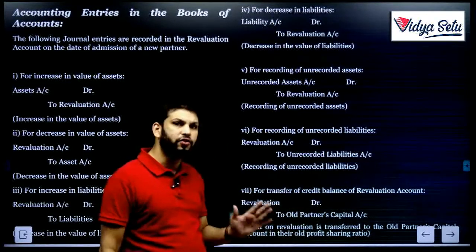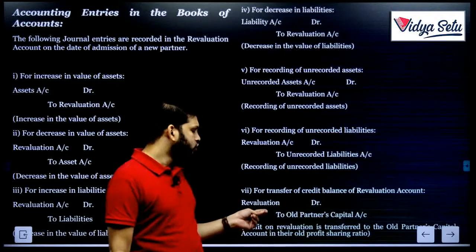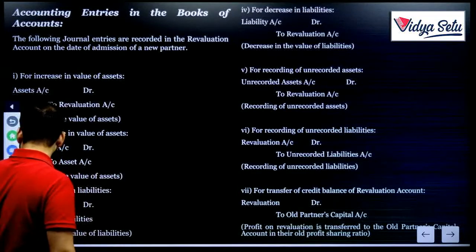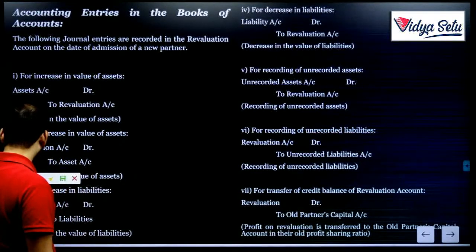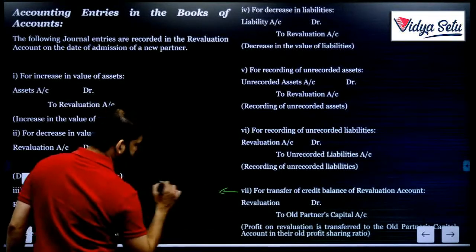If there is a credit balance, we need to close the revaluation account by debiting it. So revaluation debit to old partners. And if there is a debit balance of revaluation, what will happen? Just the opposite entry, okay?